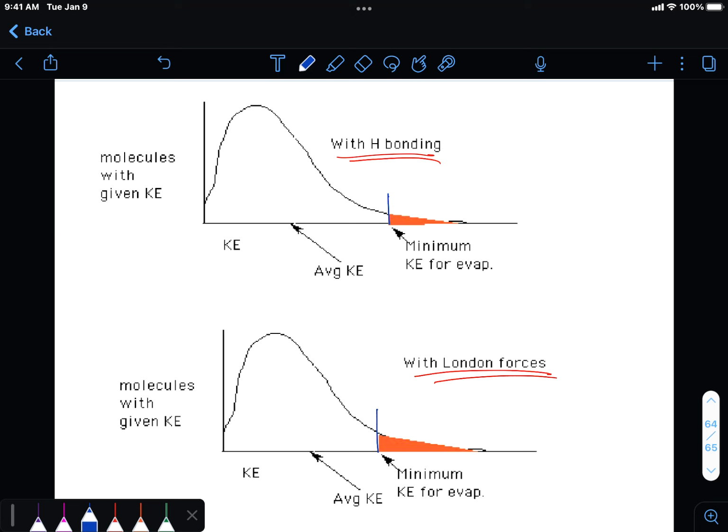First of all, which one of these is more difficult to evaporate, the top or the bottom graph? The top. The top one's more difficult because the top has hydrogen bonding, which is a stronger intermolecular attraction, right?